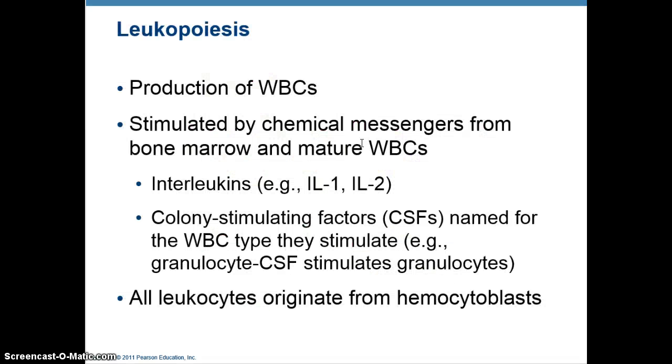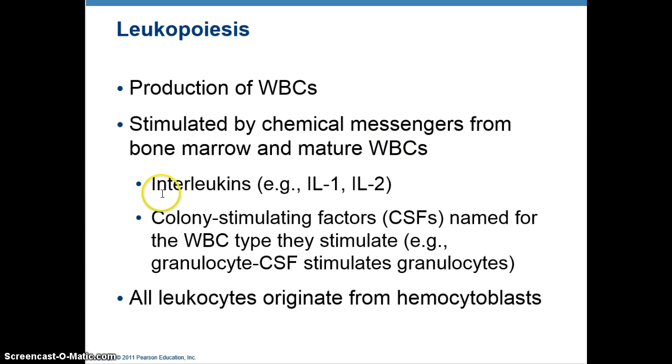So white blood cell production also takes place in the bone marrow. So all of hematopoiesis, erythropoiesis, and leukopoiesis takes place in the bone marrow. There are two different types of chemicals that direct the formation of our 5 different white blood cells.